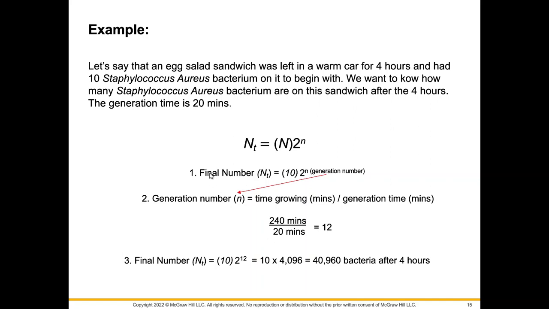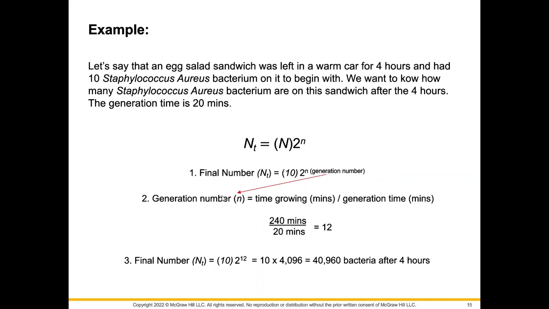So what we're trying to find here is N sub t, and it is equal to N, which we know is 10 because we started with 10 of these Staph aureus bacteria, multiplied by 2 to the nth power. That n superscript represents the generation number.